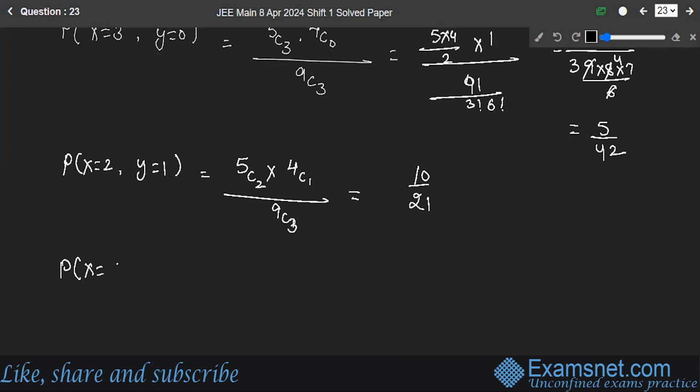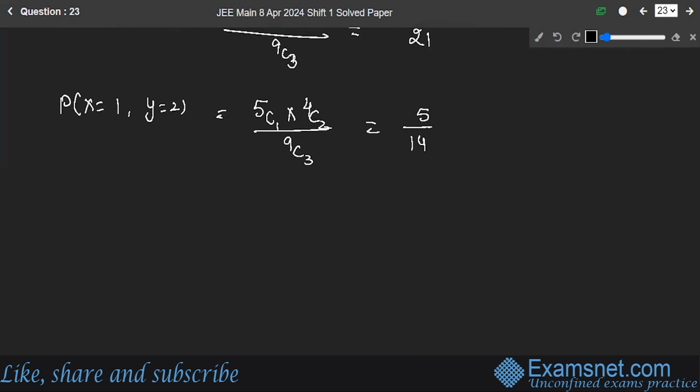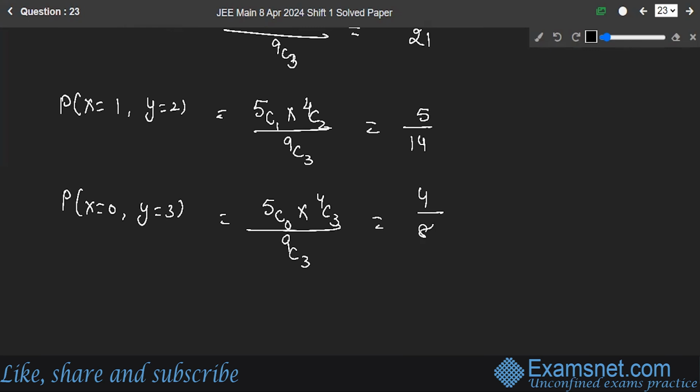Similarly, you are picking up 1 blue ball and 2 yellow balls. This will be given by 5C1 × 4C2 divided by 9C3. This is equal to 5 upon 14. And you pick up no blue ball, all the 3 yellow balls. This will be given by 5C0 × 4C3 divided by 9C3. That gives you 4 upon 84 or 1 upon 21.